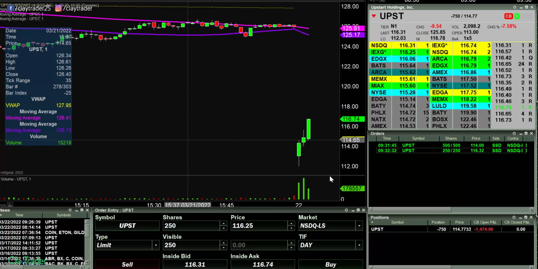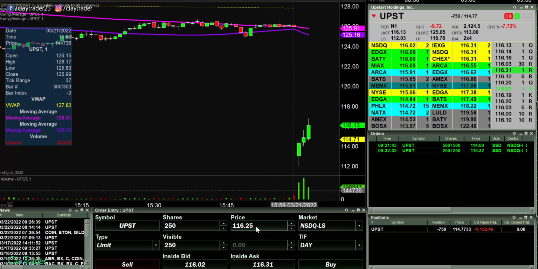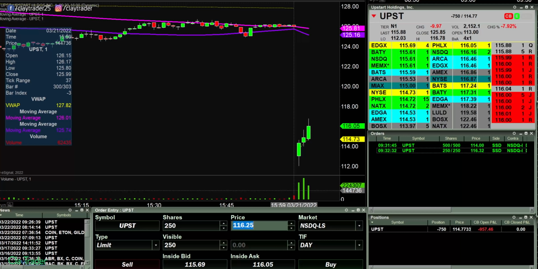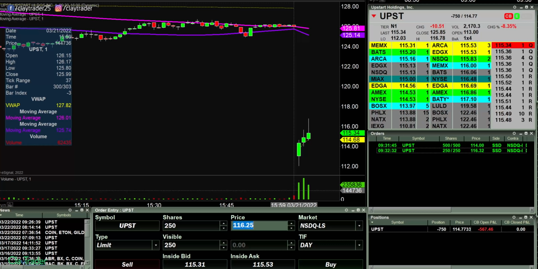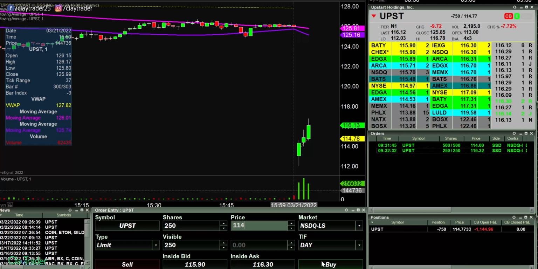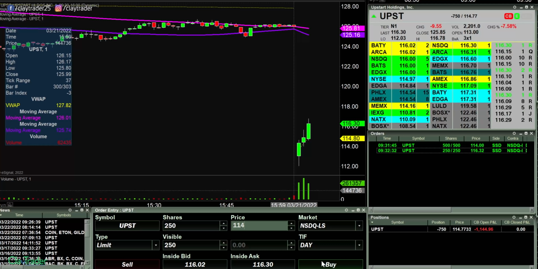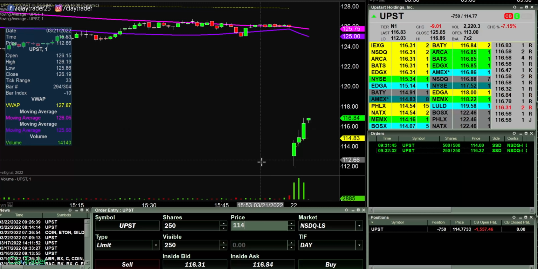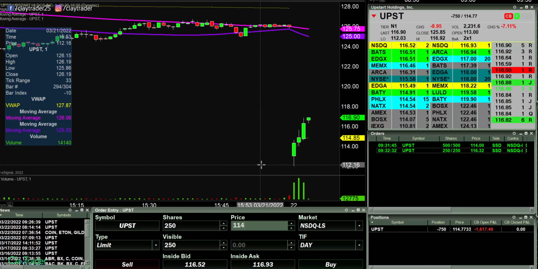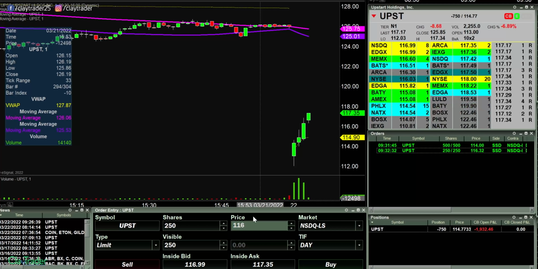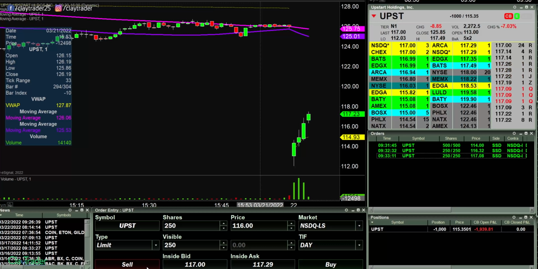All right, added some more up there just because I think this move is getting way too overdone here. In my mind, this thing, again, do I really think that's going to go down to lows at this point? I have no idea on that, but I don't necessarily need it to come down to lows. Okay, added in some more there.